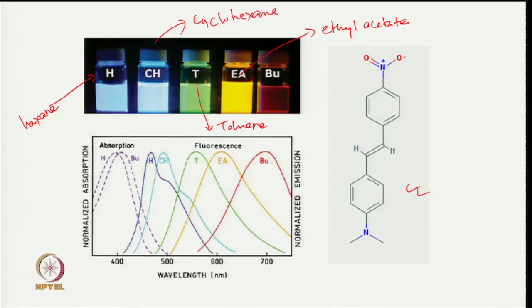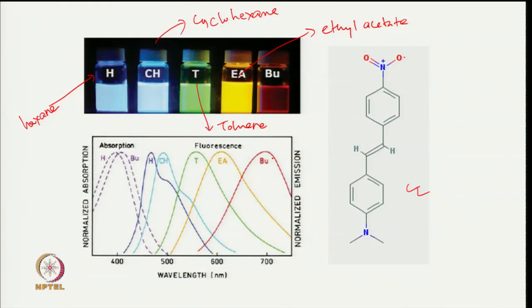And now you can see here that from hexane to cyclohexane to toluene to ethyl acetate to butane, there is a shift towards higher wavelength.